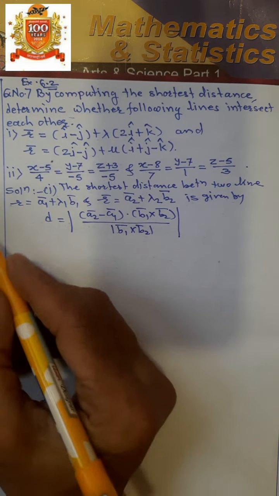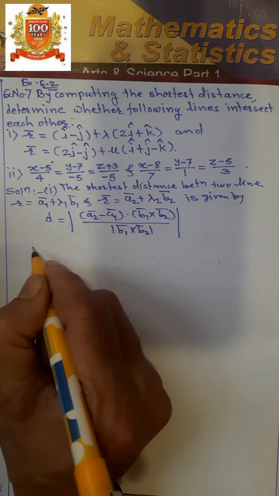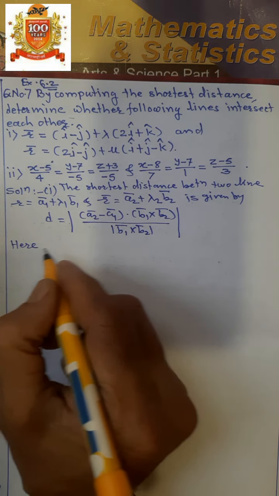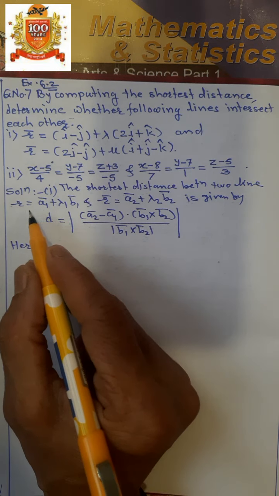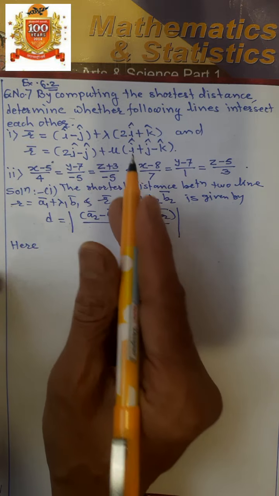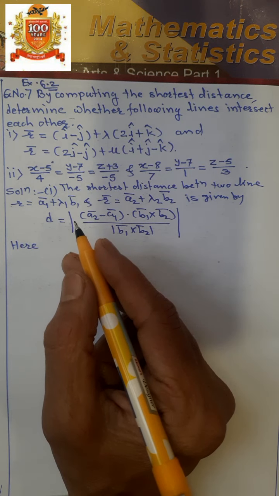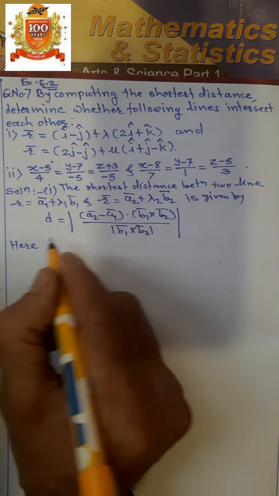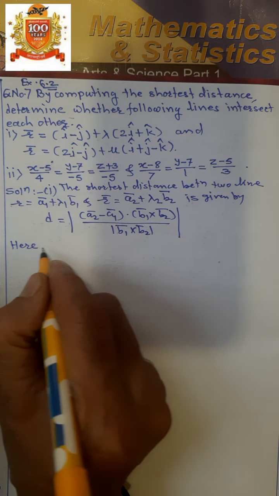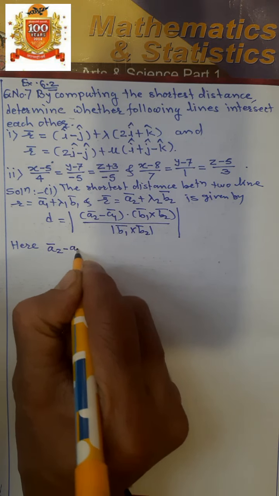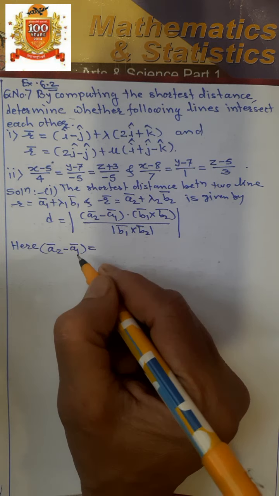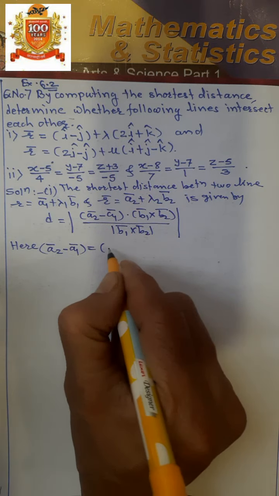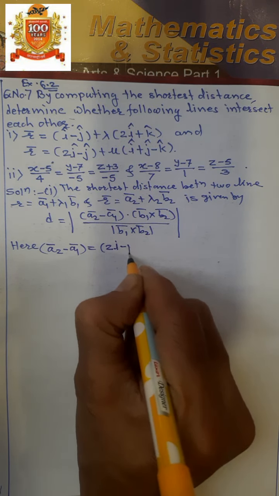Now let us find the distance. Now here, by comparing this equation with the first and this equation with the second, we directly find a2 bar minus a1 bar. What is a2 bar? a2 bar is nothing but 2i minus j.